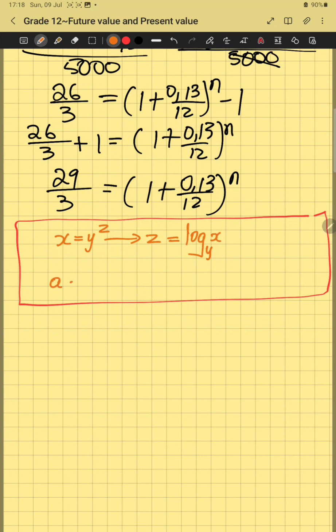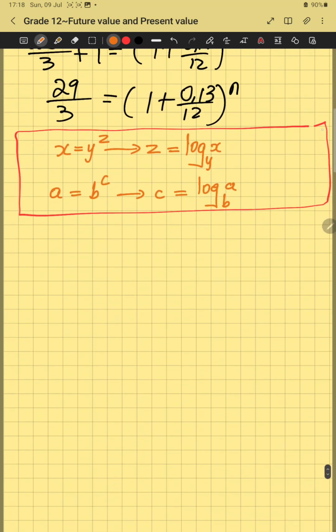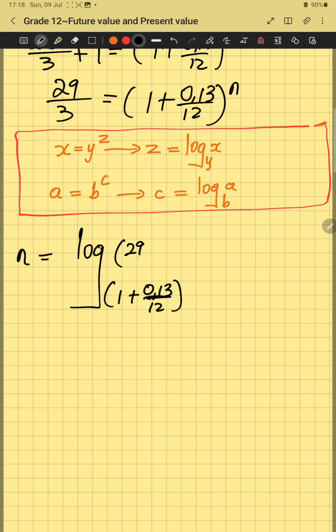So let me take another example. a is equal to b to the power c. Let's change this one. So we're going to say c is equal to log, base b, of a. So this is what we're going to do. So n here, which is an exponent, becomes n is equal to log, and on the base we've got 1 plus 0.13 over 12, and the one that is a subject becomes a number, 29/3.